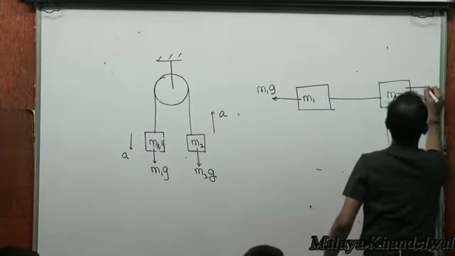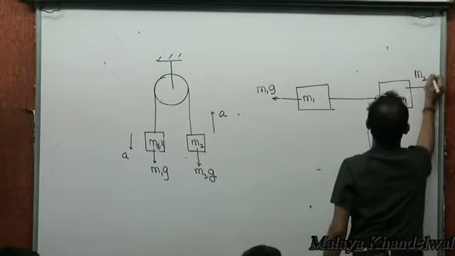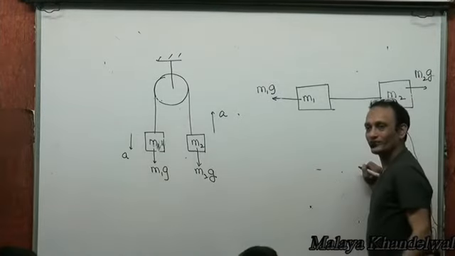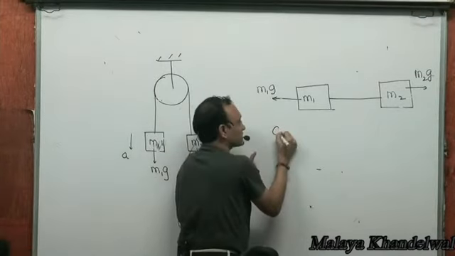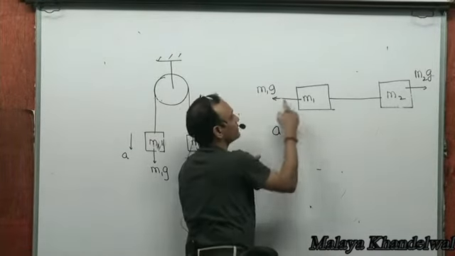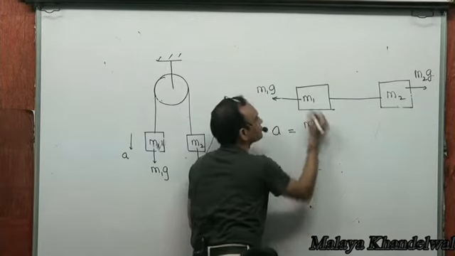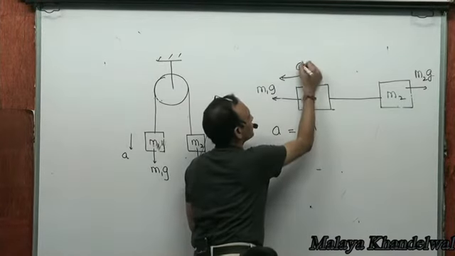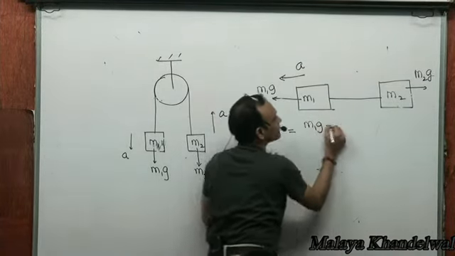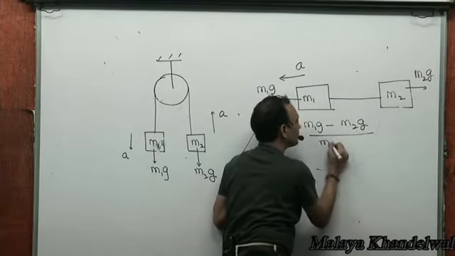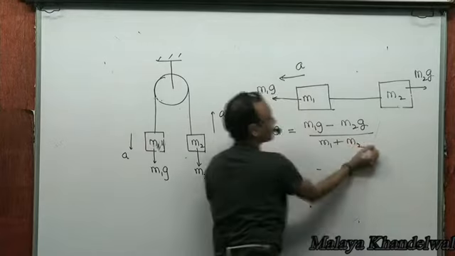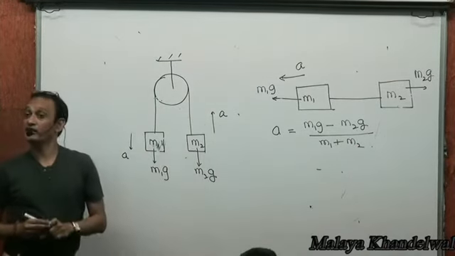There is going to be M2g like this. These are the only two external forces then, yes or no? And under the influence of these two external forces, what would be the acceleration? Net force to the left, say the acceleration is a to the left, M1g minus M2g divided by M1 plus M2. That's a ready reckoner.